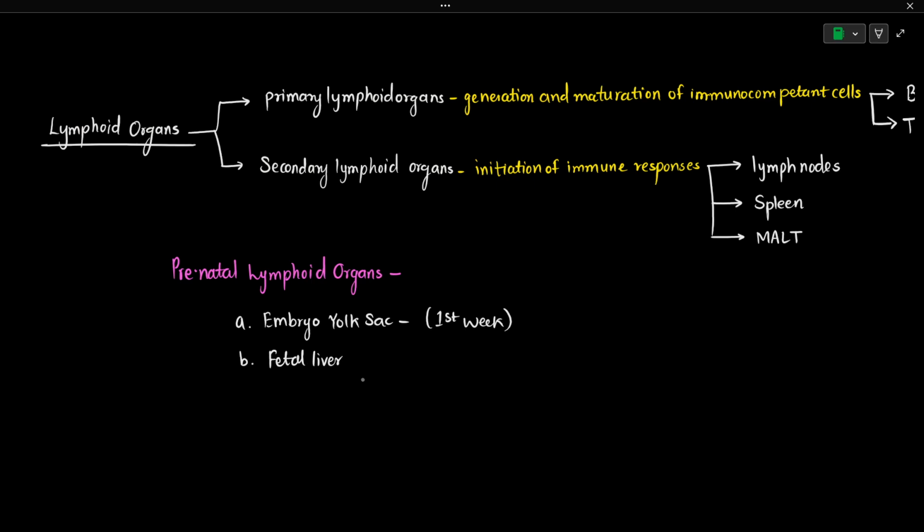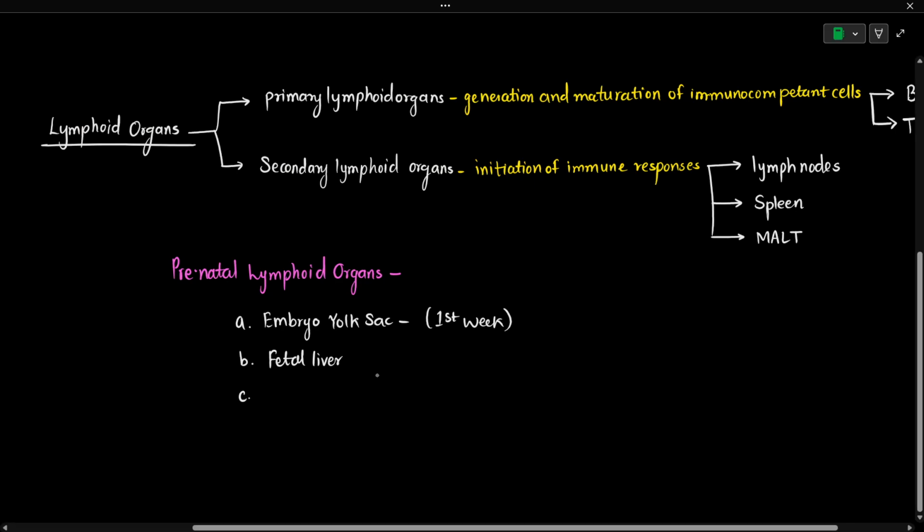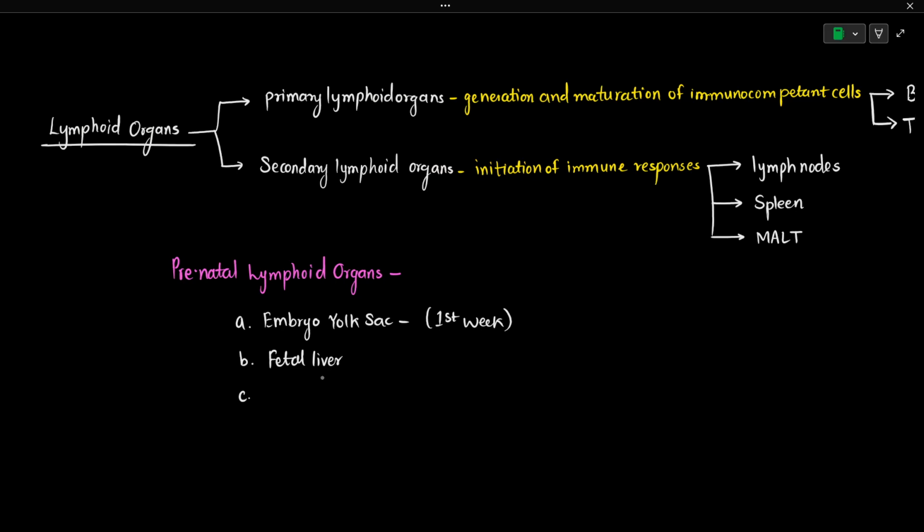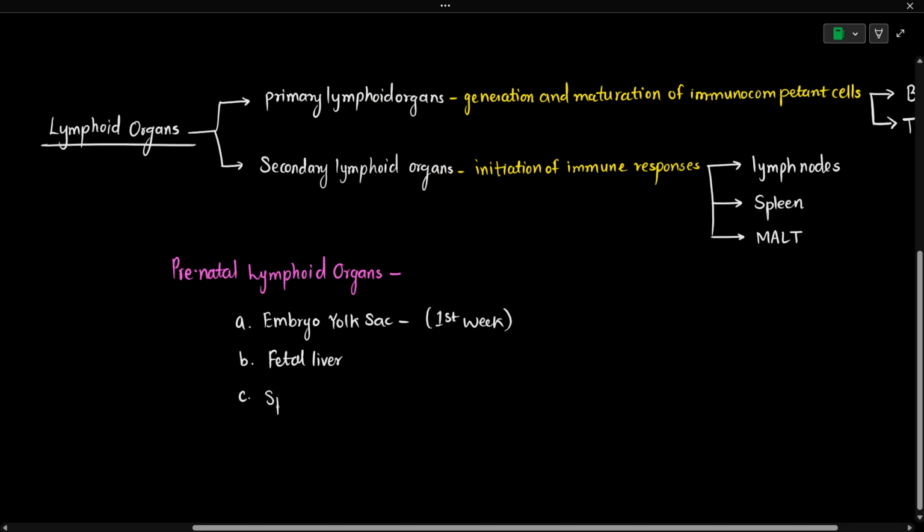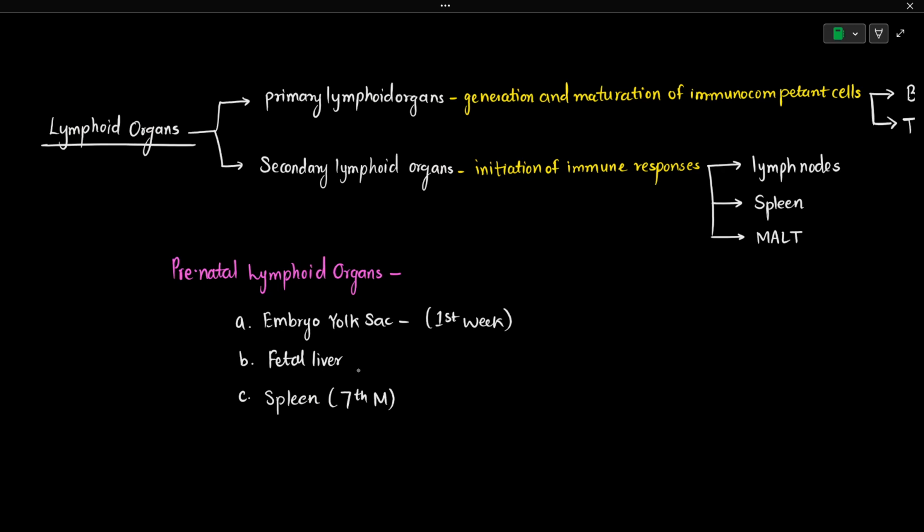immune cells. So fetal liver, I discussed this in the previous class where we were discussing B cells and T cells, that prenatally the fetal liver results in the generation of B cells, right? We discussed that. Whereas in adults, bone marrow is going to generate the B cells. During the seventh month of development, the spleen is going to take over the job of blood formation, while the fetal liver generates the cells during the third month.